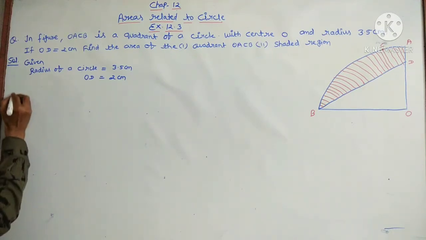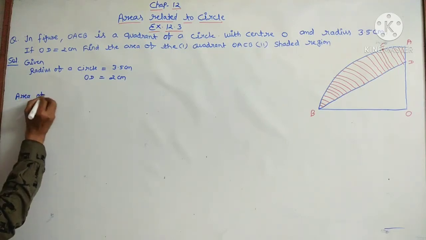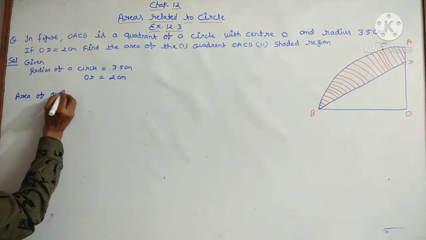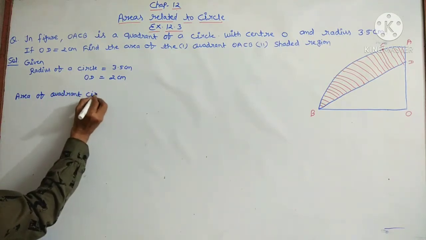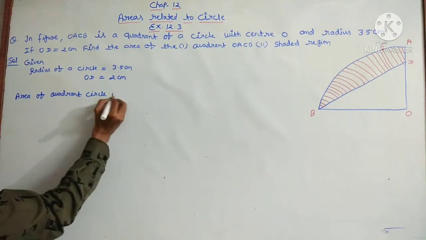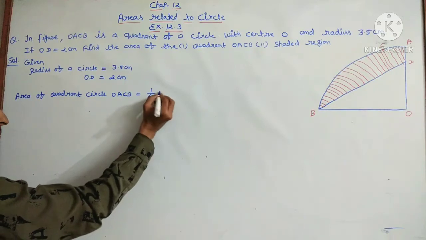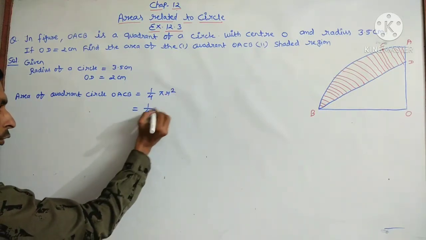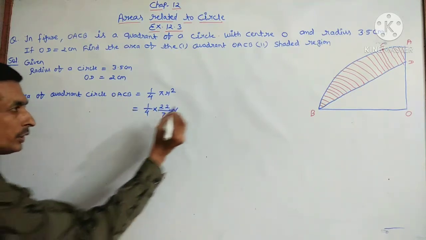So now you can write: area of quadrant circle OACB equals 1 upon 4 pi r square. The value of pi is 22 upon 7, and the value of r is 3.5.